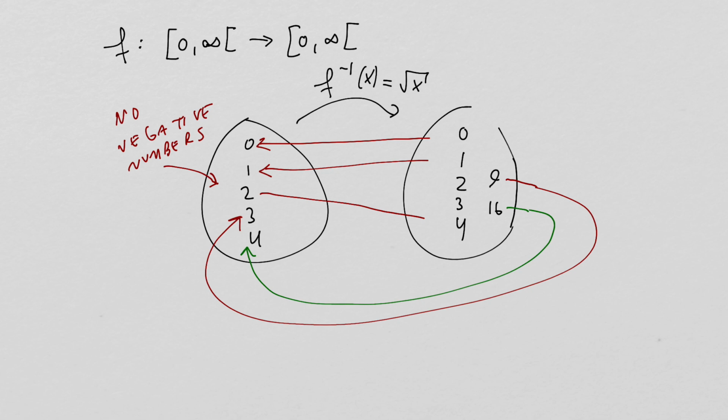Still we need to find some values for 2 and 3. Well, in the set of real numbers we have the square root of 2. 2 goes there, and we have the square root of 3. Square root of 3 is the image of 3 in the inverse function.